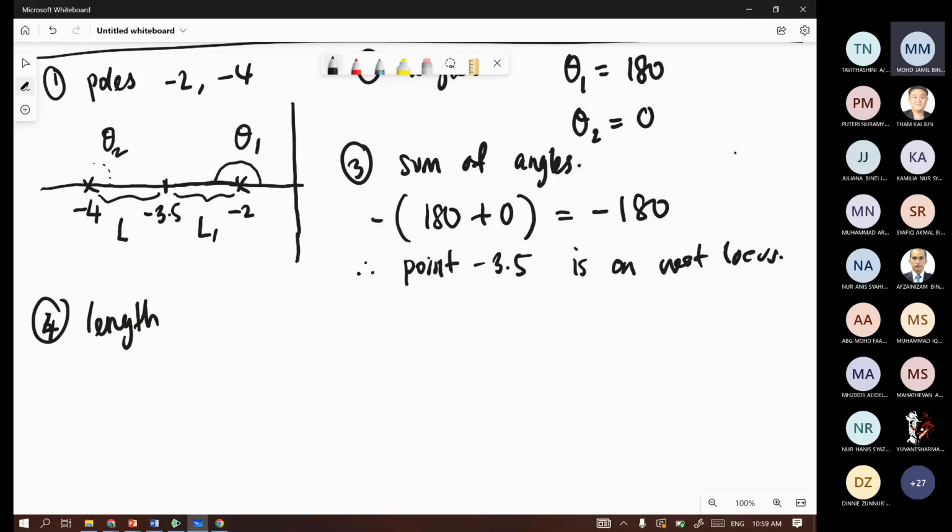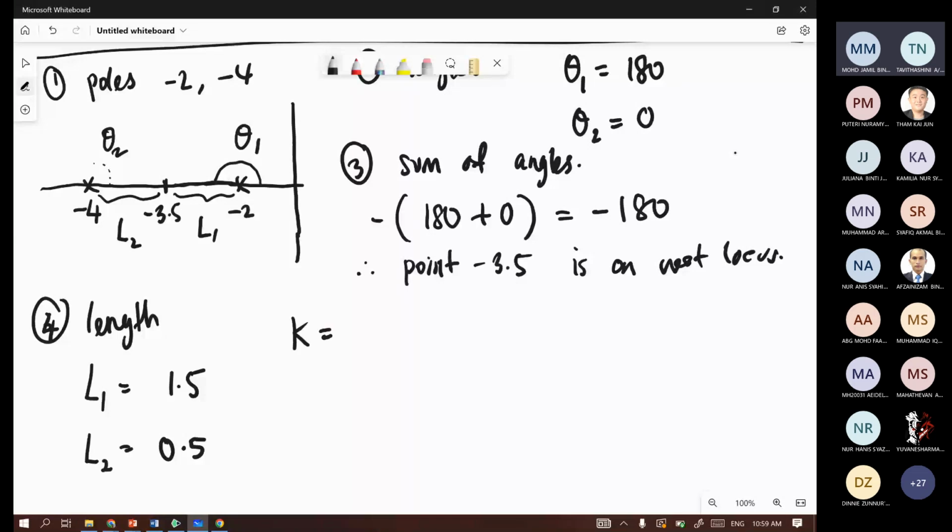L1 is basically 1.5, the distance, and L2 is 0.5. I think this is the problem that I encountered last semester, but I forgot why.